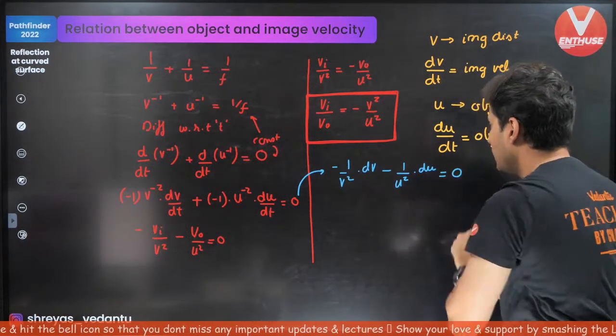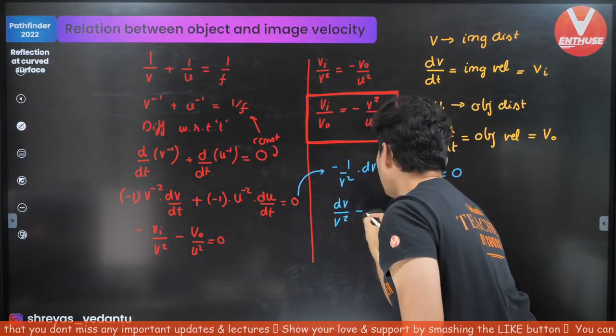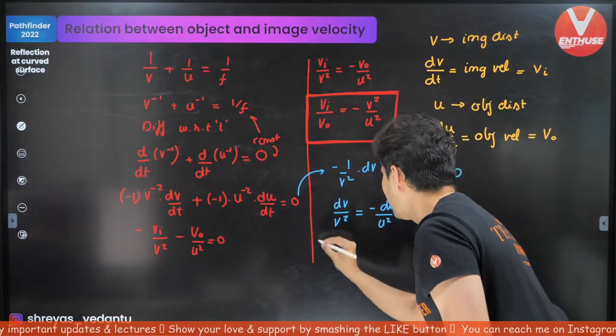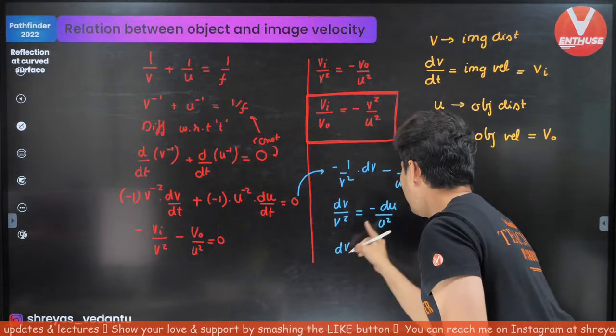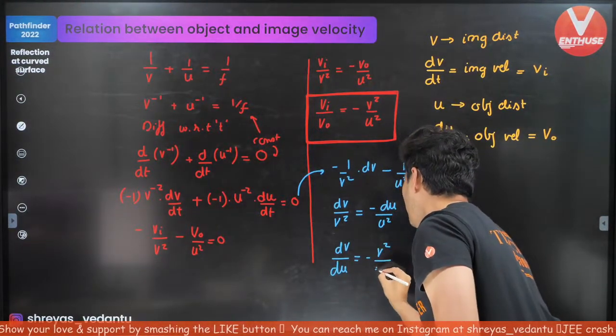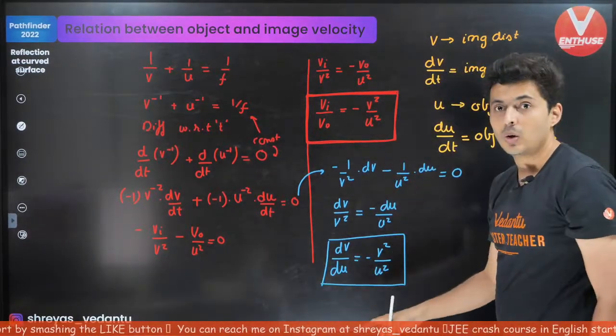Let's shift it over there. So I'll get dv by v square is equal to minus du by u square. Rearrange it further, dv by du is equal to minus v square by u square. It's the same formula you got.